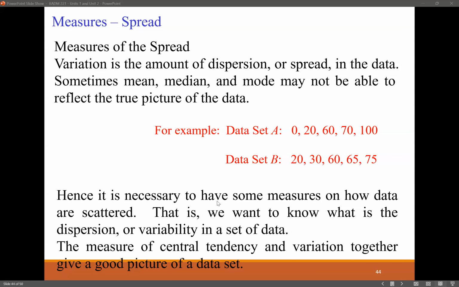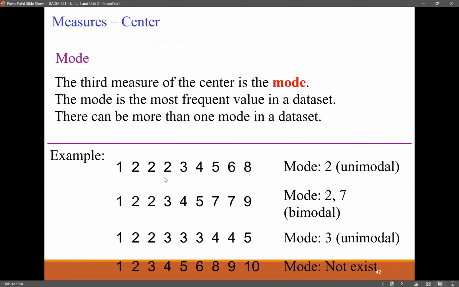The third measure is skewness, skew to the right and skew to the left. I didn't share the slide here.